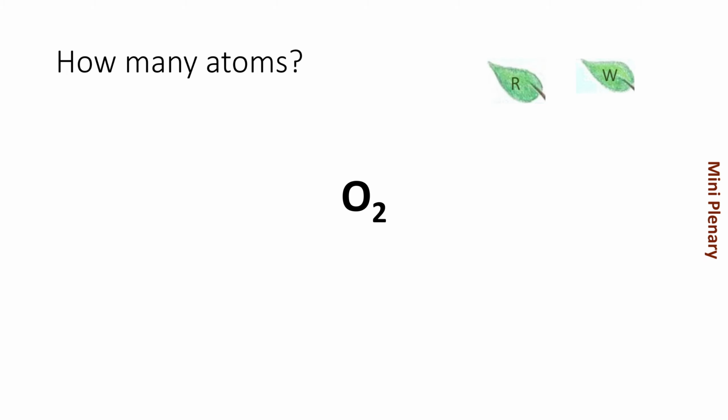So, how many atoms are in this? Well, you should know there are 2 oxygen atoms. This one, in total, there should be 3 atoms. Hopefully you know that there are 2 hydrogen atoms and 1 oxygen atom, so that makes 3. This one, well, that's an element, so that'd be 1 atom, copper.